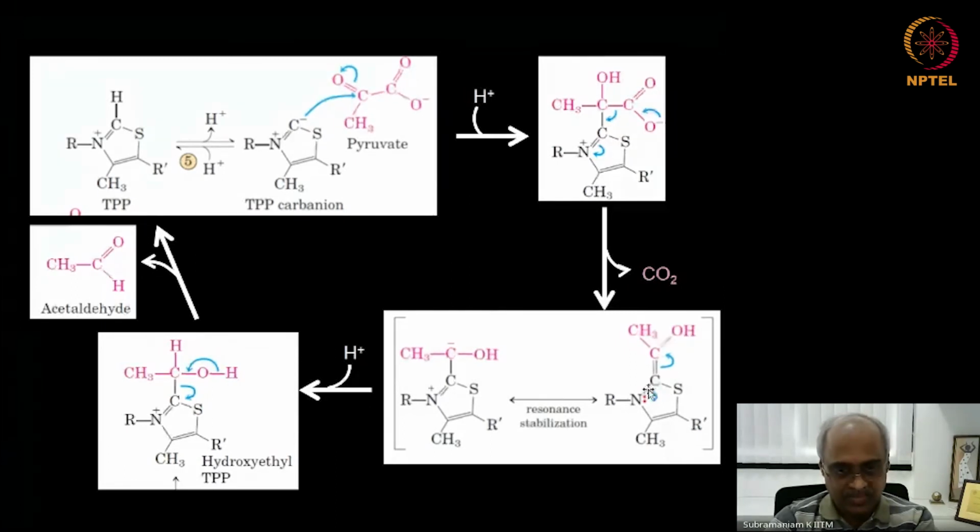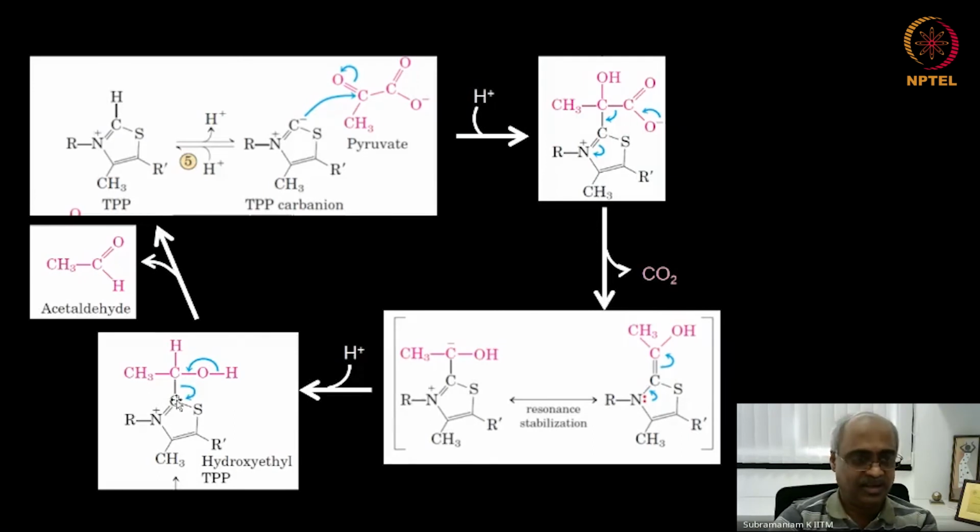And this structure, because of the delocalization of electrons, has resonance stabilization between the two forms. So you have either this double bond or the carbanion, and both of these can readily be stabilized by delocalization among these atoms, among these bonds. Okay, and then protonation leads to the formation of this hydroxyethyl structure.